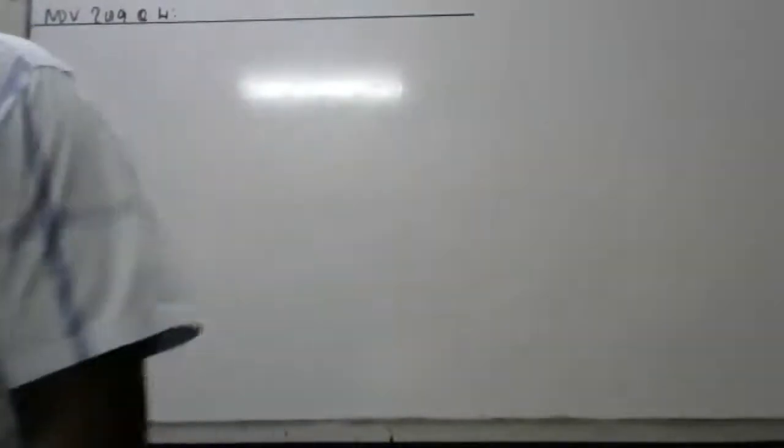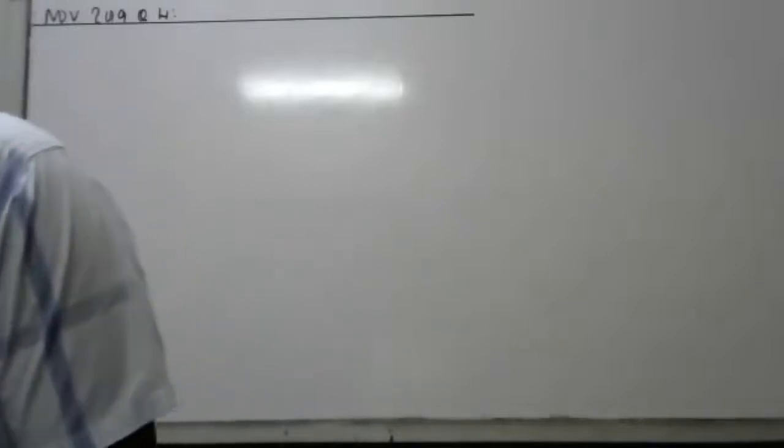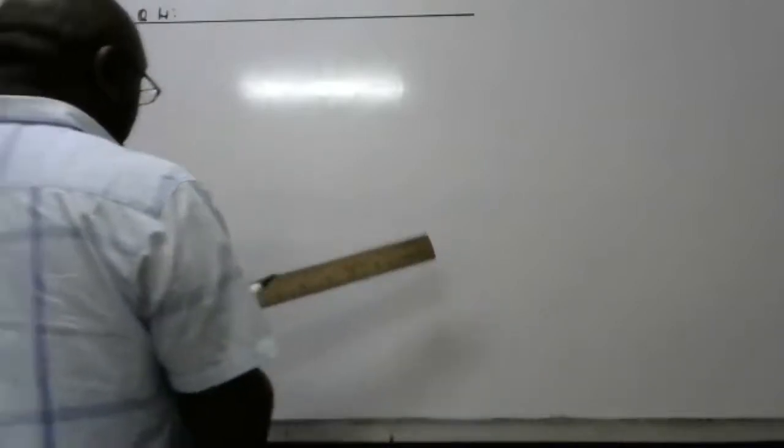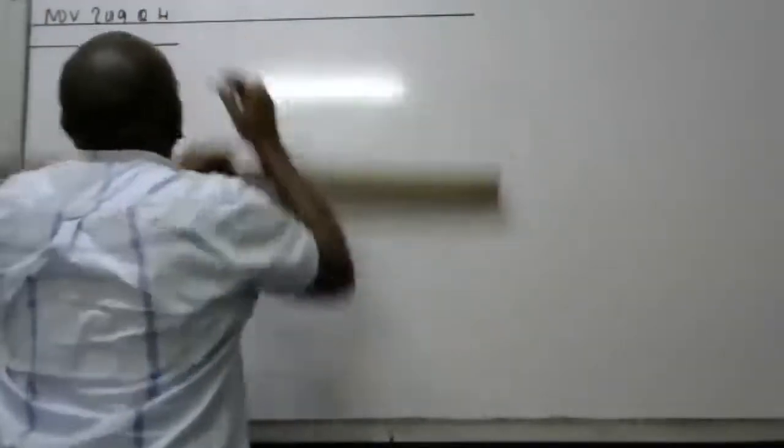So as we said, anytime you are dealing with questions of absorption and marginal costing, you are supposed to begin by getting unit costs.